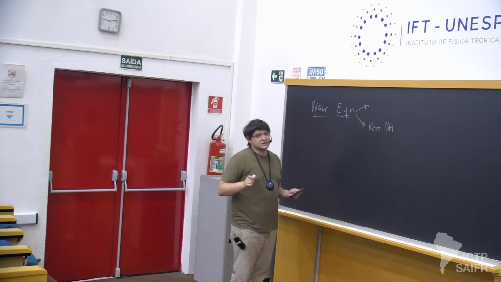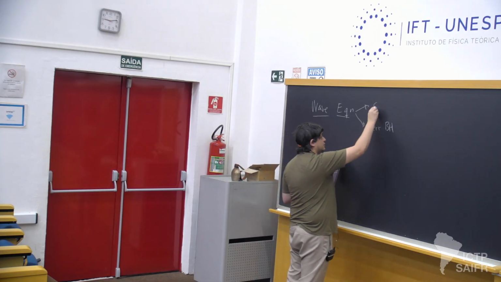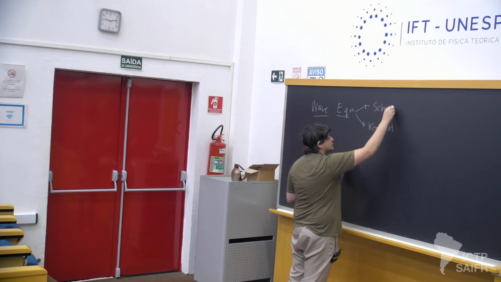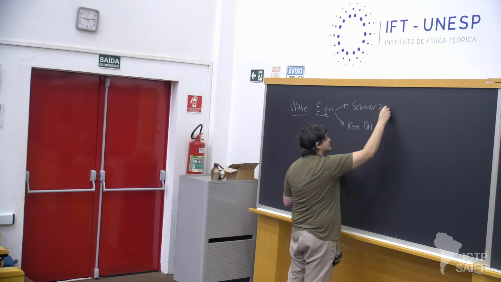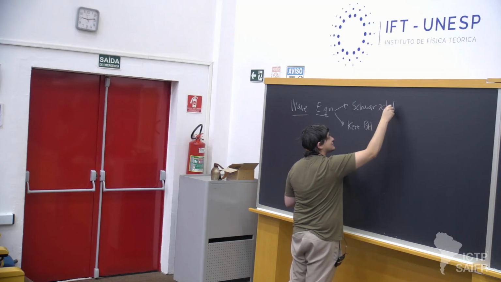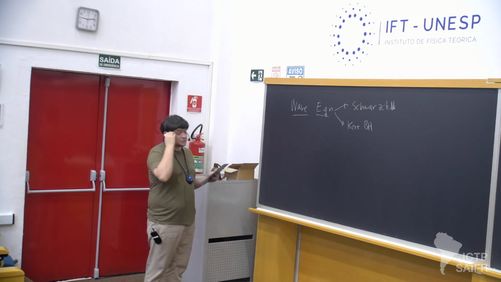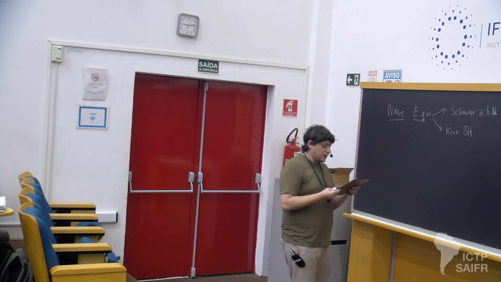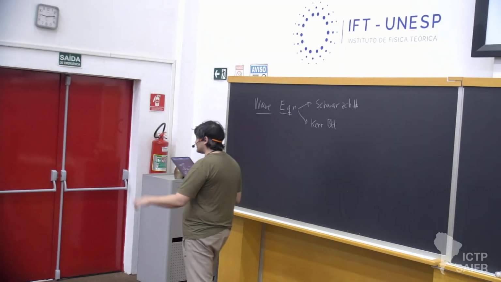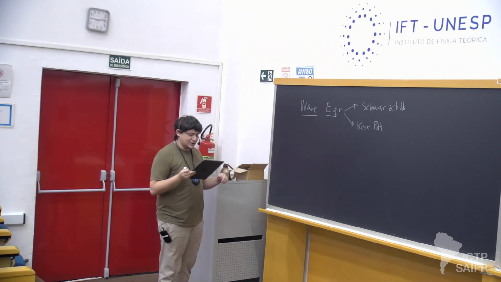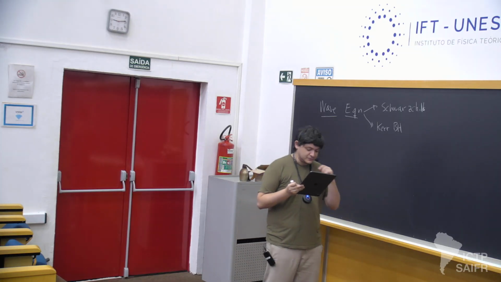Maybe if I have time, I can say a little bit of that, but mostly regarding Schwarzschild. Okay, I'm gonna mess up here. So we will discuss mostly Schwarzschild, and that will help a lot of the calculations, even though they will still be complicated. But I will try to simplify it as much as I can.